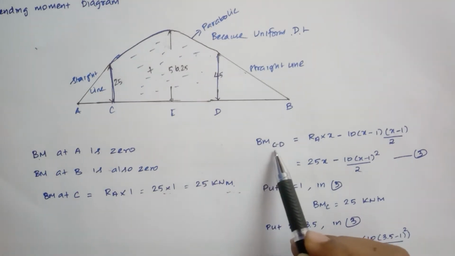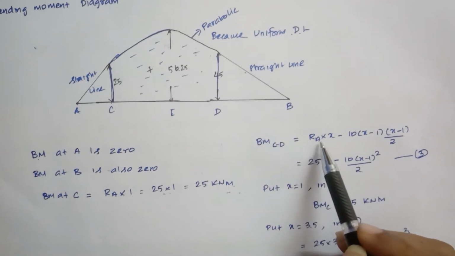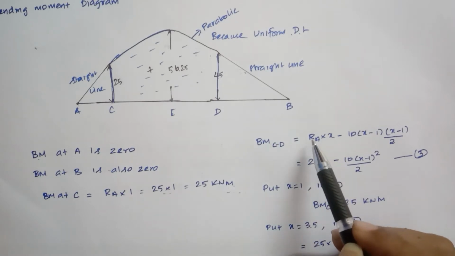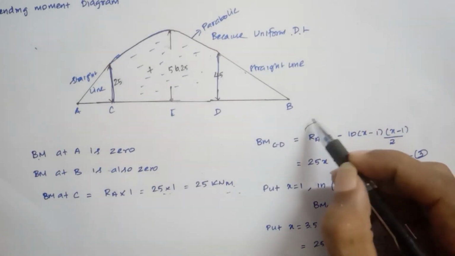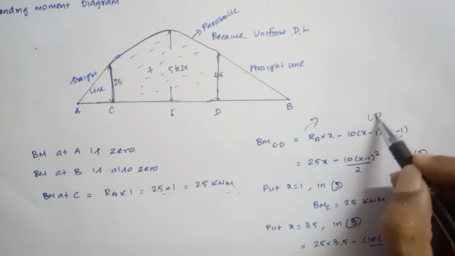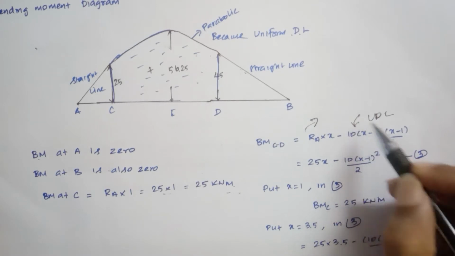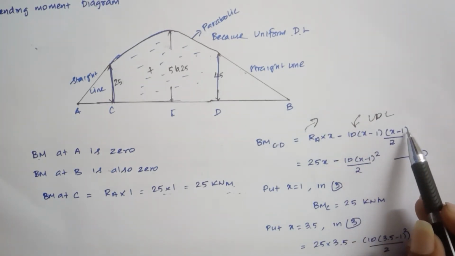Then the bending moment between C and D is equal to RA into x, in the clockwise direction, minus the uniformly distributed load, UDL, which is in the anti-clockwise direction: 10 into (x minus 1) into (x minus 1) divided by 2.